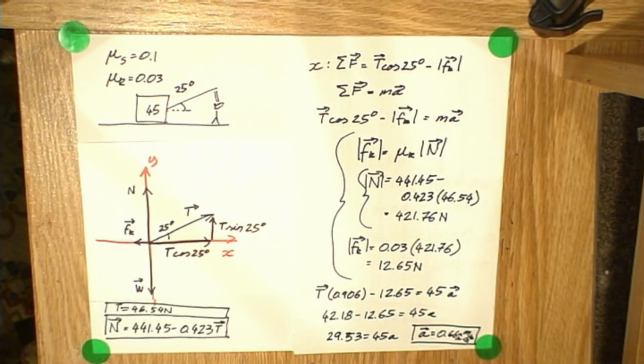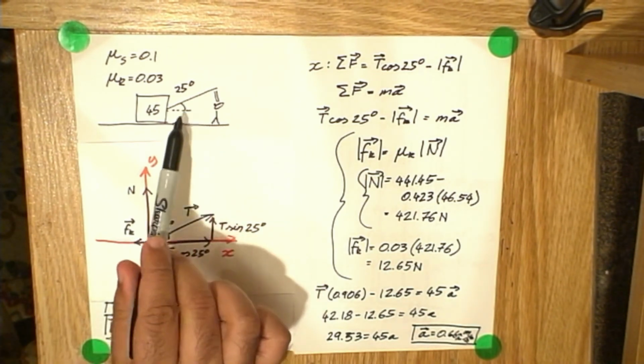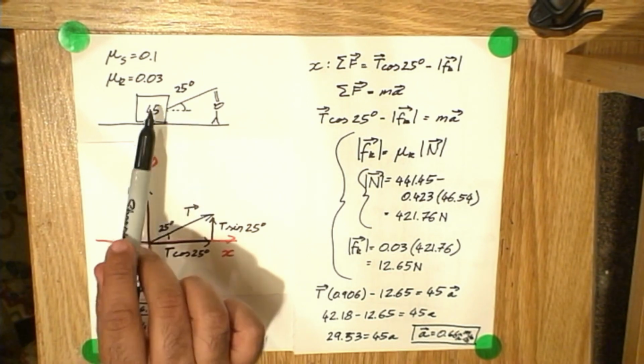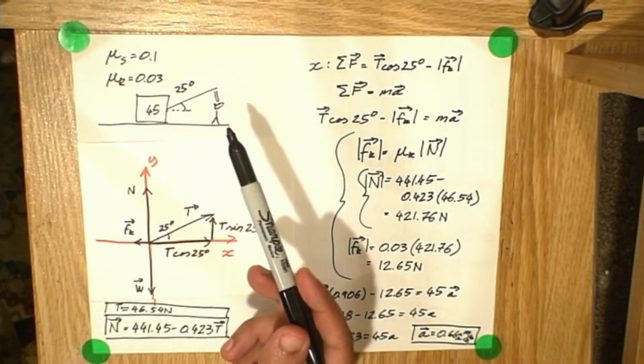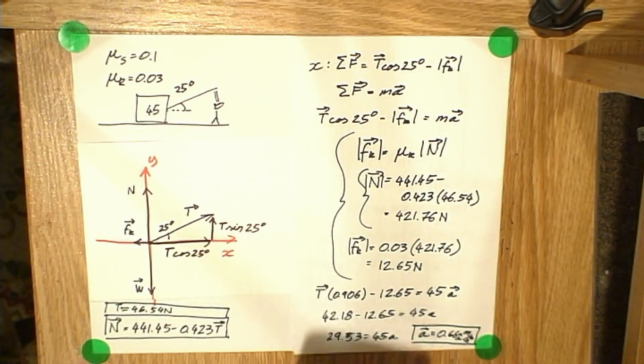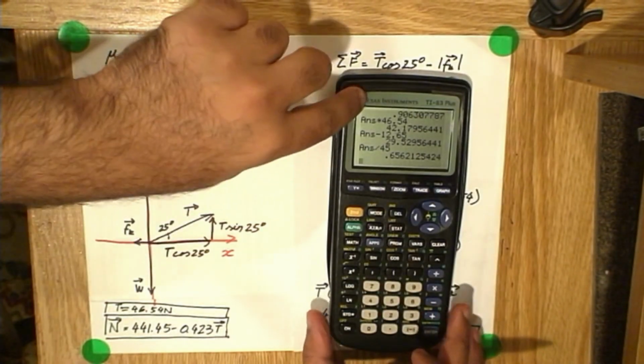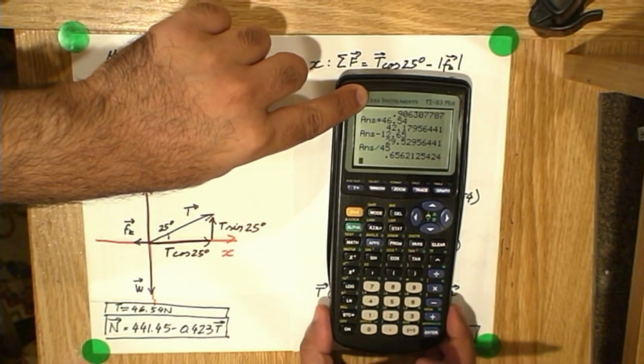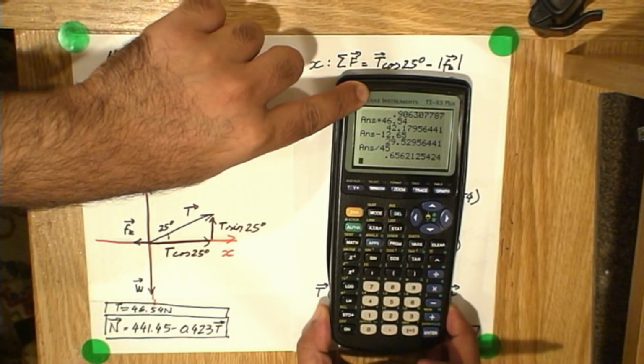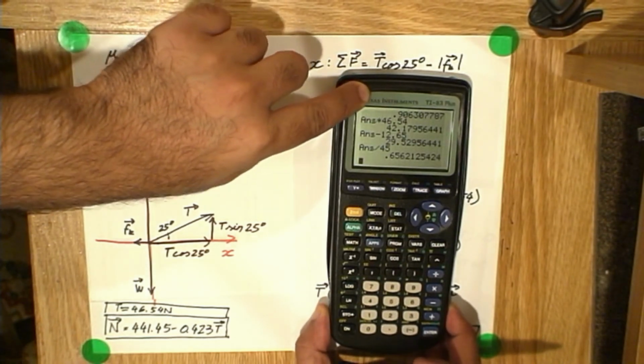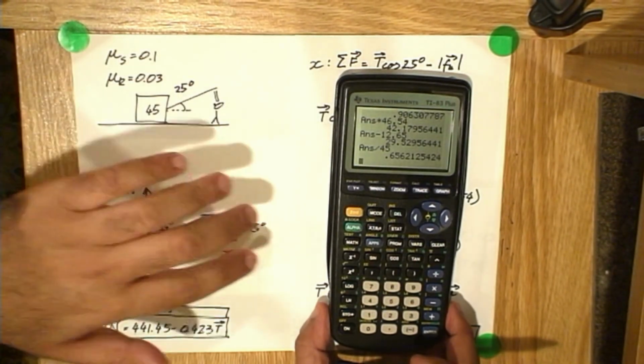That is not an obvious result, because if the tension is below the horizontal, the normal force would go up to compensate. It's a little bit like if I have this calculator and I press down on it, that's going to make it harder to drag it, right? Because the normal force has gone up, and therefore the friction force has gone up.